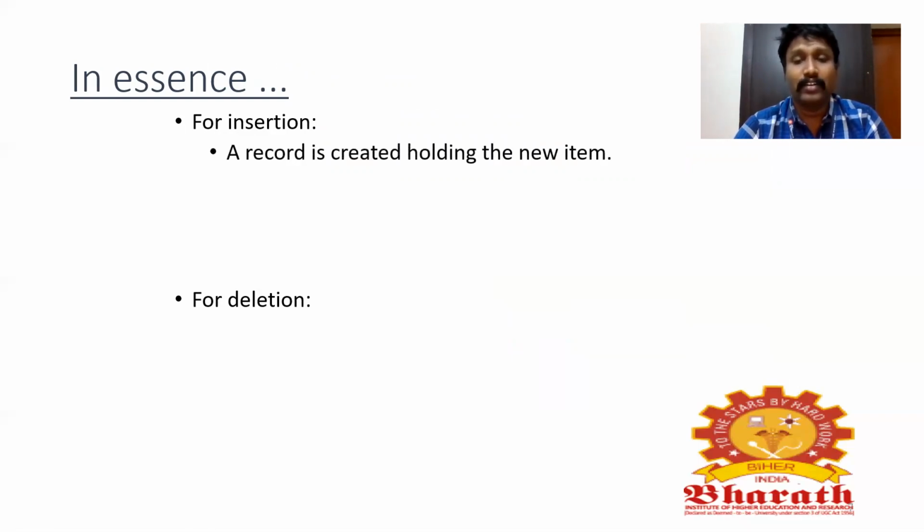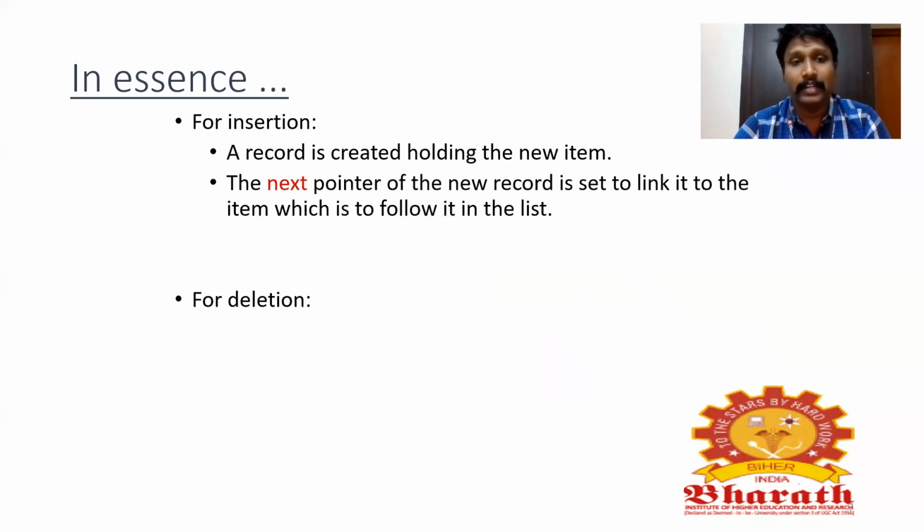A record is created holding a new item. So insertion says that a new record has to be inserted, and this record you're going to insert will have a new item in it. That is the first important part. Second, the next pointer of the new record is set to link it to the item which is to follow inside the list.